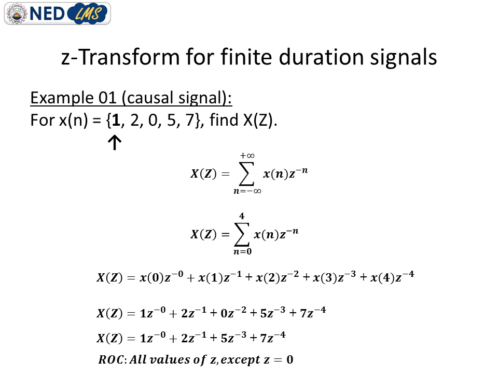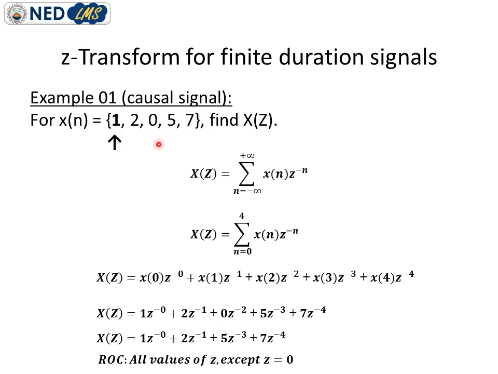So in this signal we can see that n is starting from 0, which lies at sample 1. So this is n is equal to 0. Sample 2 is for indices n is equal to 1, and similarly sample 0 is for indices n is equal to 2. Sample 5 is for indices n is equal to 3, and the last sample, which is 7, is meant for indices n is equal to 4.